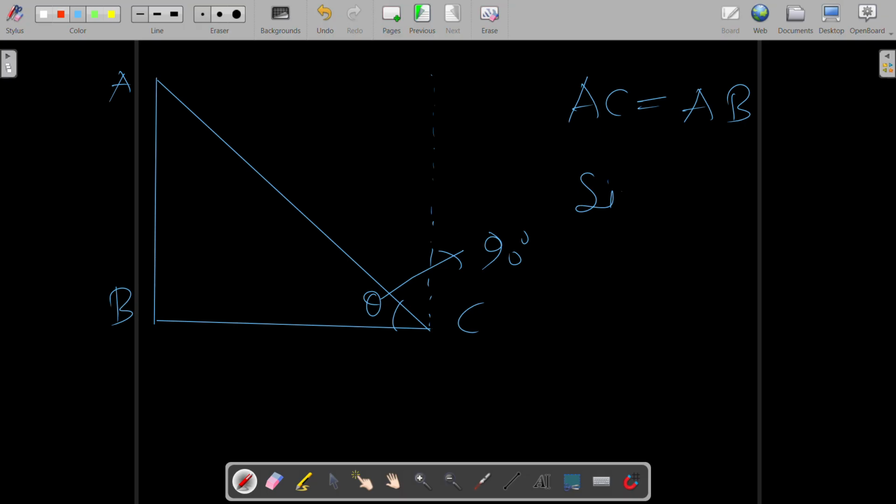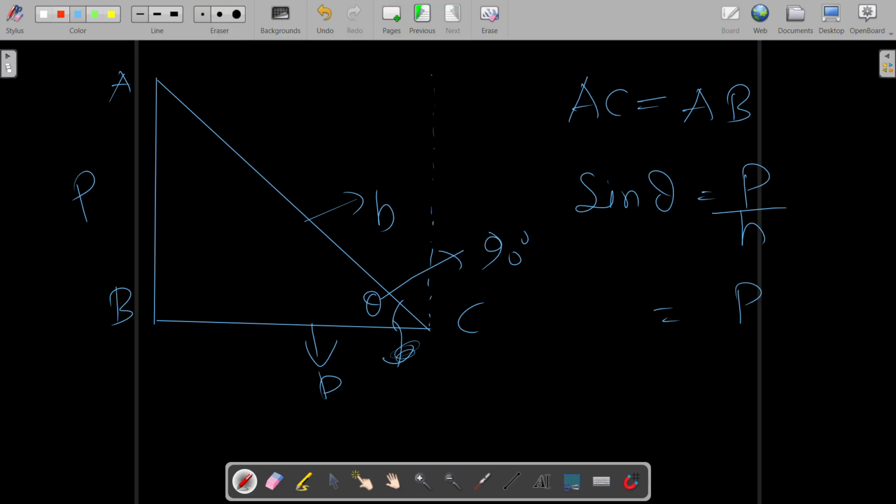And again, we know sine theta equals perpendicular by hypotenuse. This is the hypotenuse, this is the perpendicular, this is the base, as this is the angle theta. So the perpendicular is equal to the hypotenuse. So P by H equals P by P, we can write this. So sine 90 degrees becomes equal to 1.